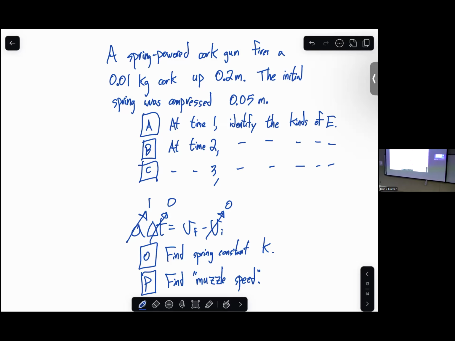Oh, I guess my words could be interpreted that way. I should say above the gun. My mental picture may be different from yours. The 0.2 meters is how high up above the gun it goes, not the total distance.